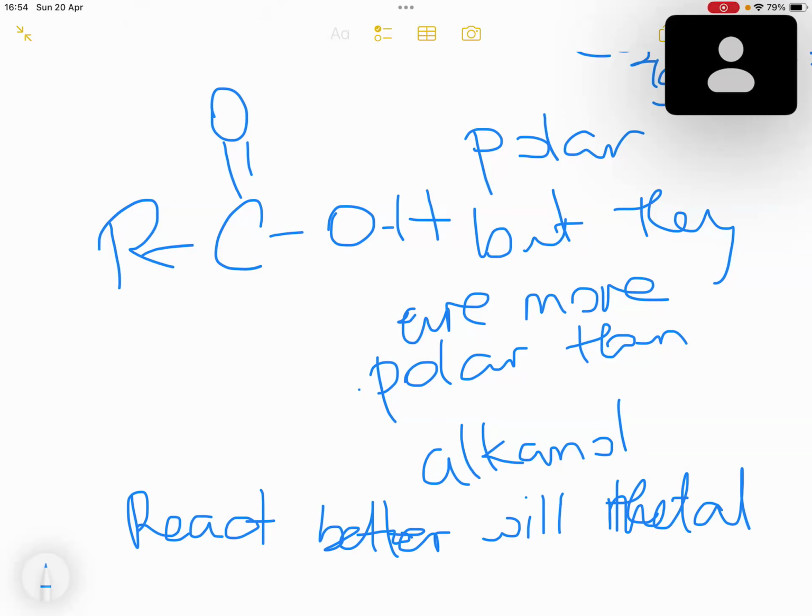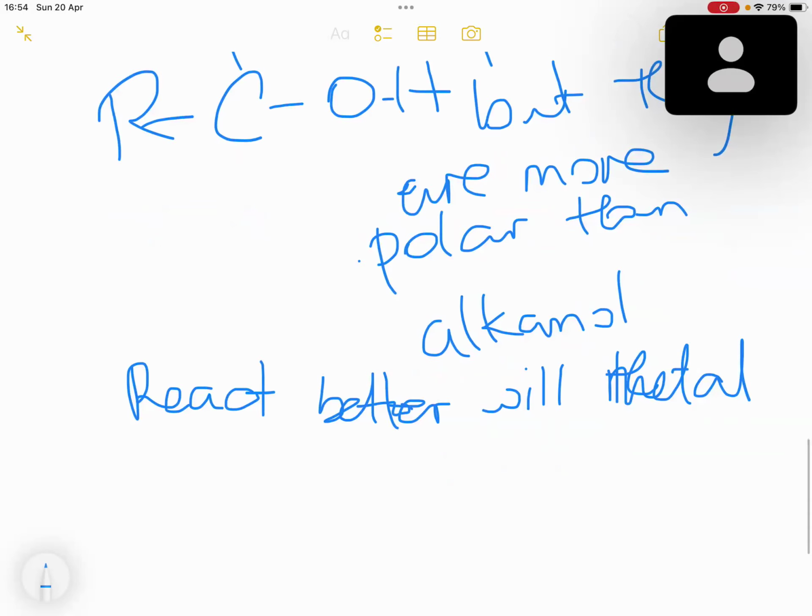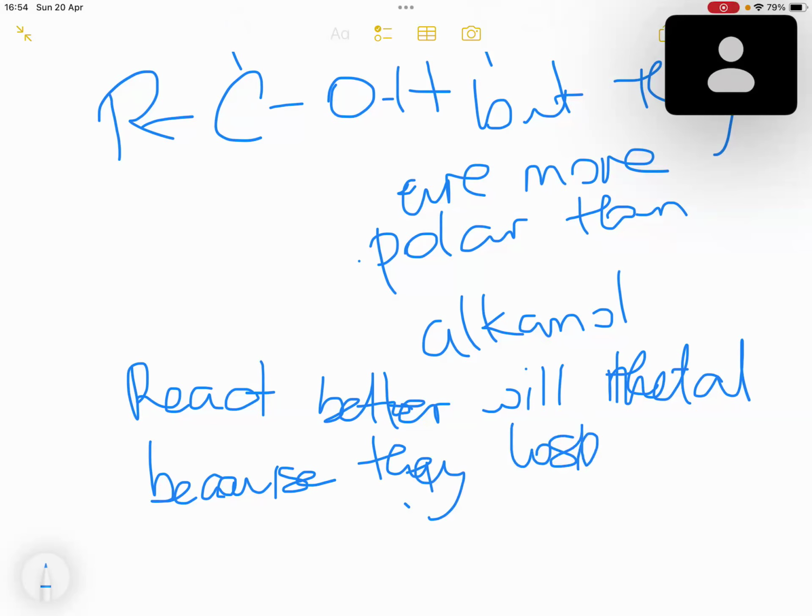Now, your acids react better with metals because they lose the H+ ion more readily.